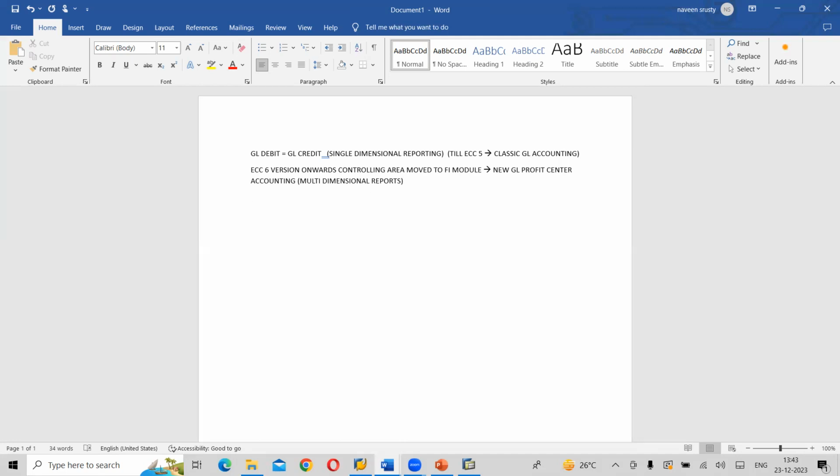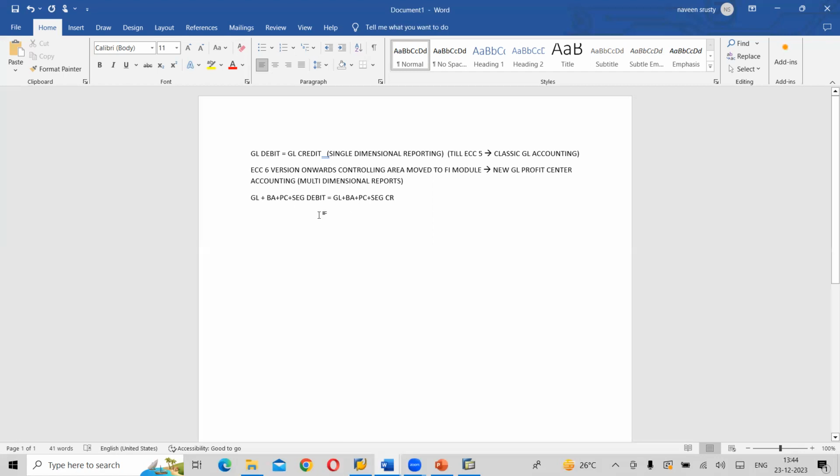So what got changed? Earlier we got only GL debit. Now GL plus business area plus profit center plus segment debit equals the same GL plus business area plus profit center plus segment credit.